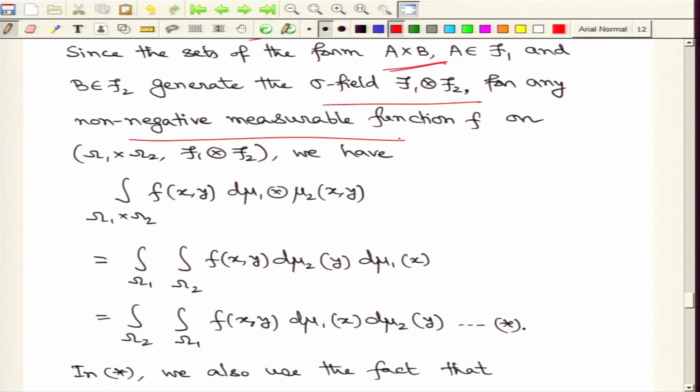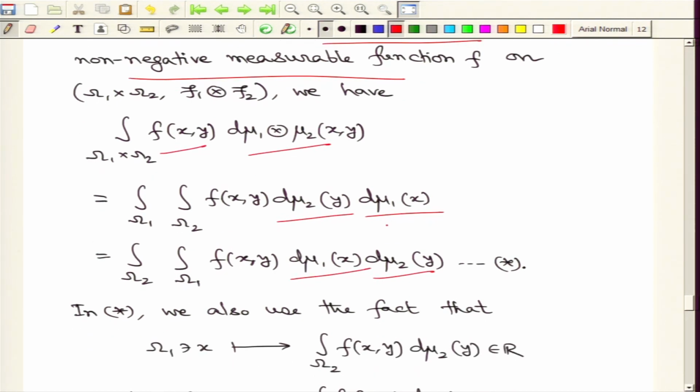We will end up having the fact that for a 2 variable function, if we integrate with respect to the product measure mu1 tensor mu2, then we can perform the same integration through iterated integrals, either integrate out the second variable first and then perform the integration with respect to the first variable, or if you wish you can perform the integration with respect to the first variable and then the second variable.